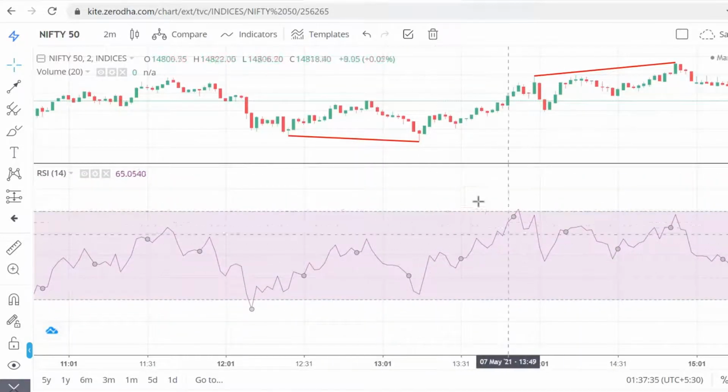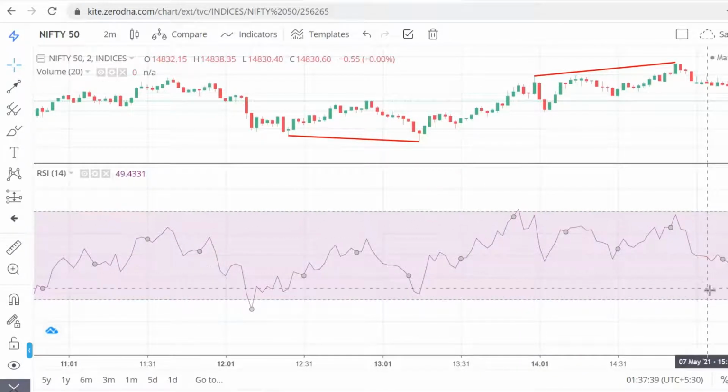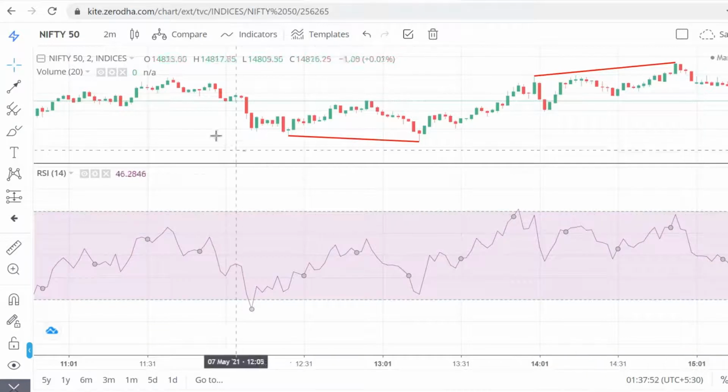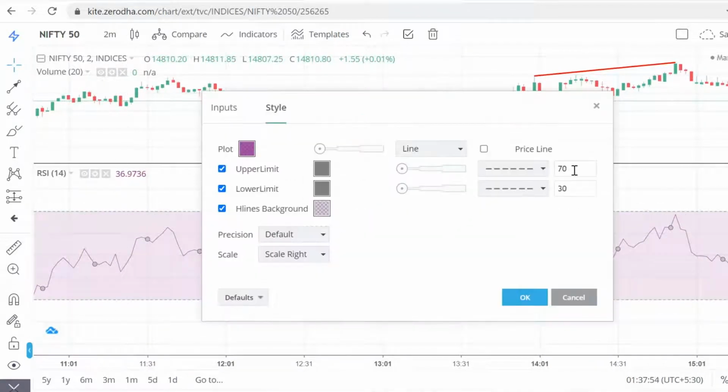This purple line basically indicates that 70%, 75%, or 70 people are bullish. If it is above 70, people are basically bullish.